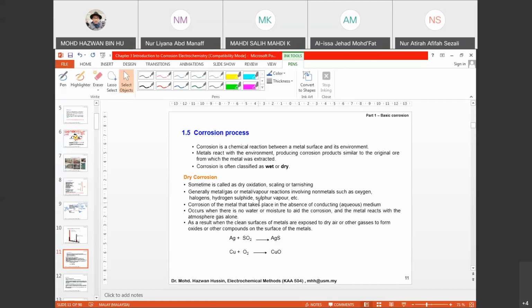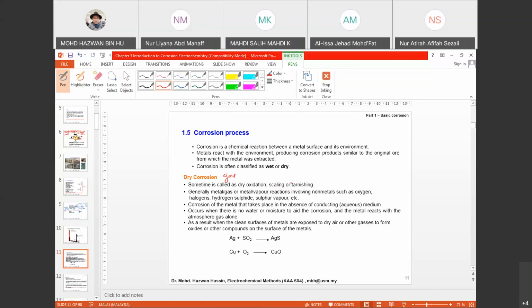So what does it mean by dry corrosion? Dry corrosion means that the corrosion process happens with the presence of gas. Moisture and water is not really the case.